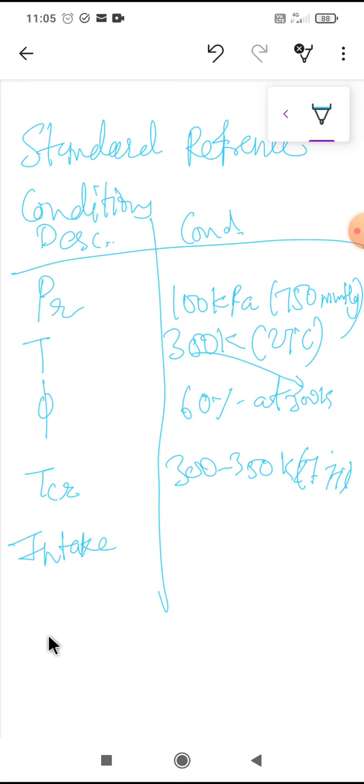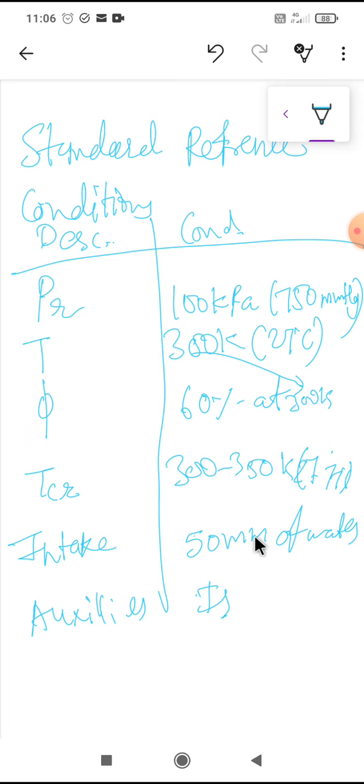It shall not exceed 50 mm of water, unless the manufacturers accepted a higher back pressure prior to the test. Then auxiliaries. What are auxiliaries, which I have mentioned earlier in this lecture? The engine should be equipped with all the dependent essential auxiliaries, as mentioned in the IS standards. So those are the auxiliaries.